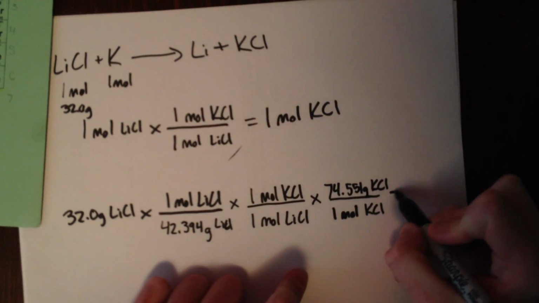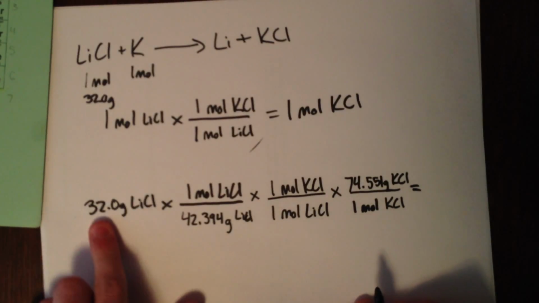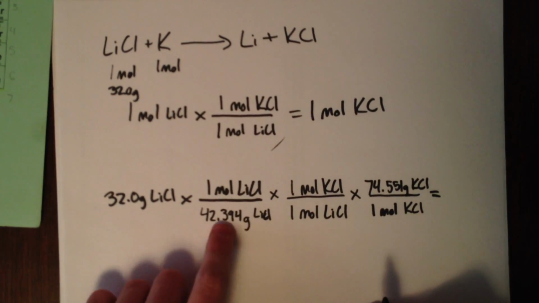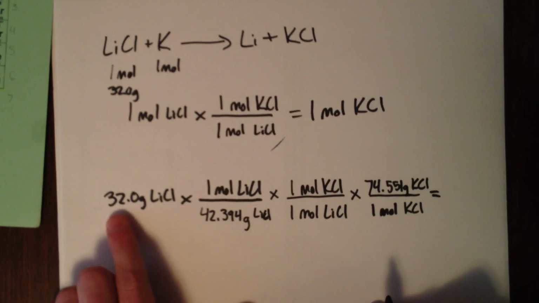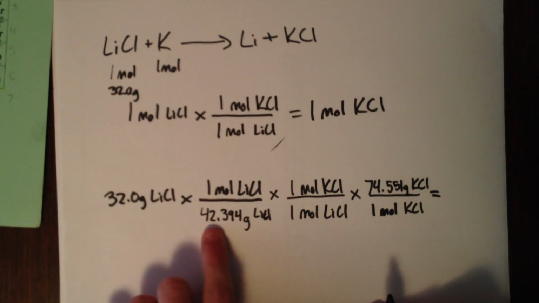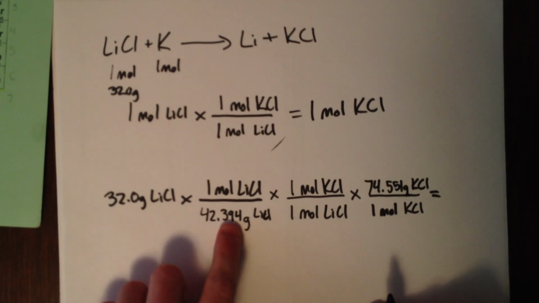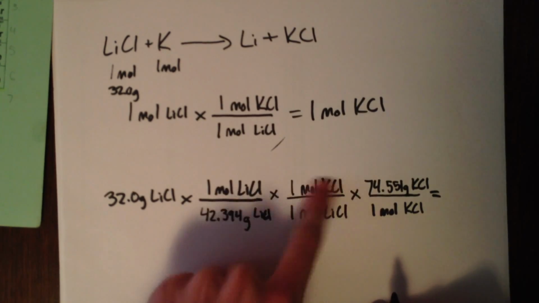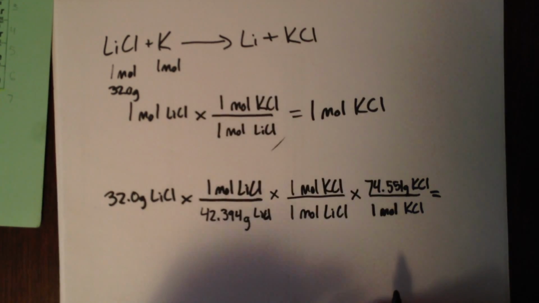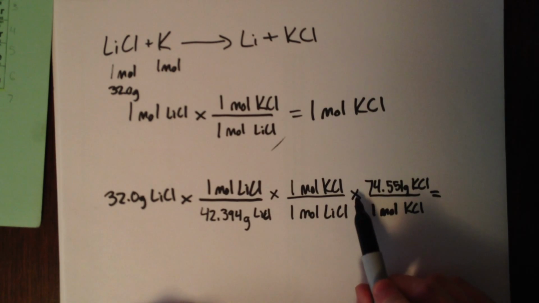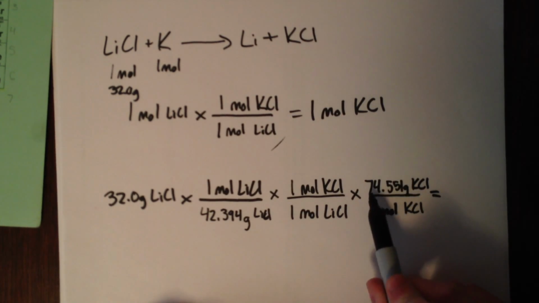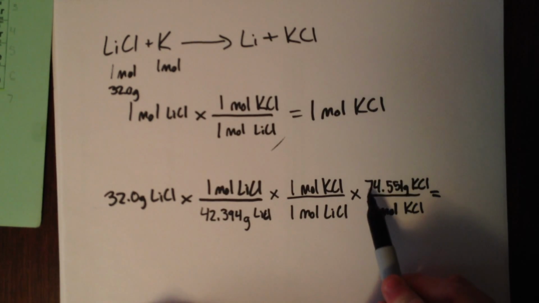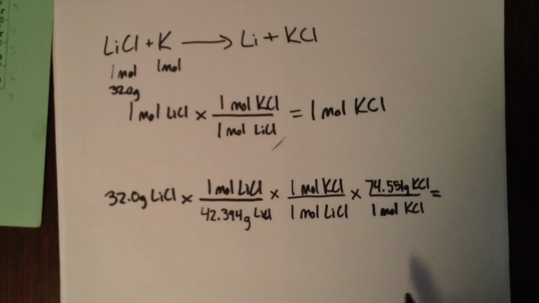And then basically what we do for that part is we divide the 32 grams that we started with by the weight for 1 mole of lithium chloride. So you divide 32 by 42.394, and you'd multiply that by whatever you got for this. In this case, it's 1 divided by 1 is 1, and then you would multiply that by the grams of potassium chloride per 1 mole, which would be 74.551.